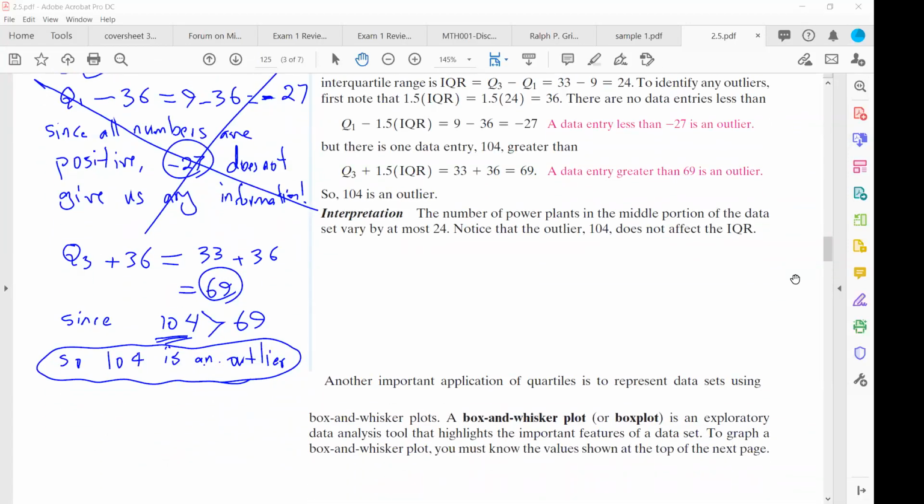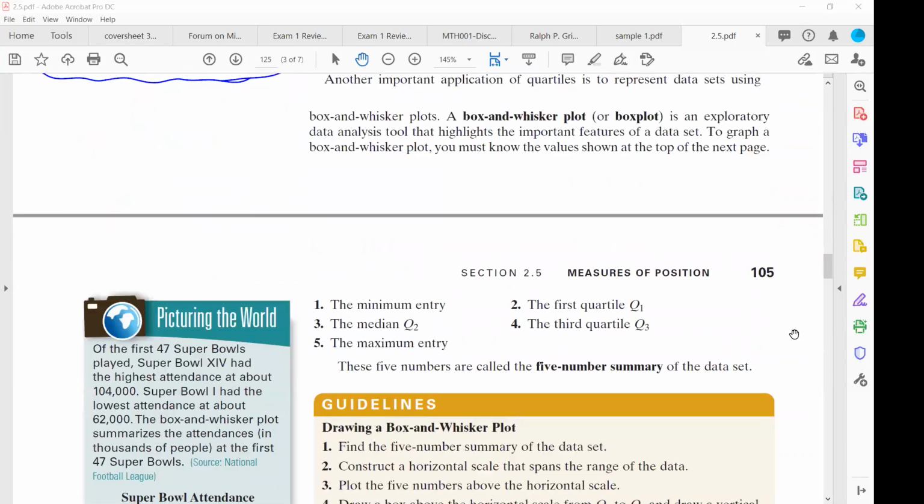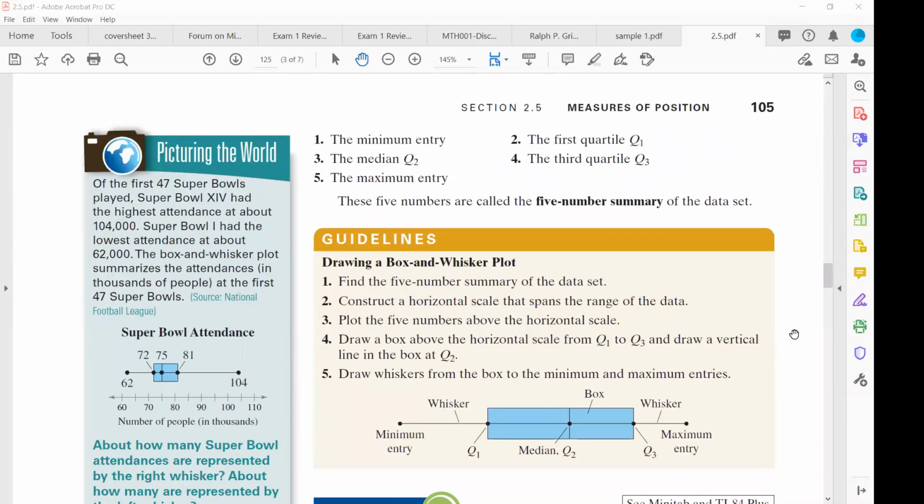So how do we visualize the data when you want to use first quartile, second quartile, and third quartile? It means, when do we use quartiles and how do we visualize data using quartiles, especially when you have outliers? Very well. It's super easy to form a box and whisker plot.